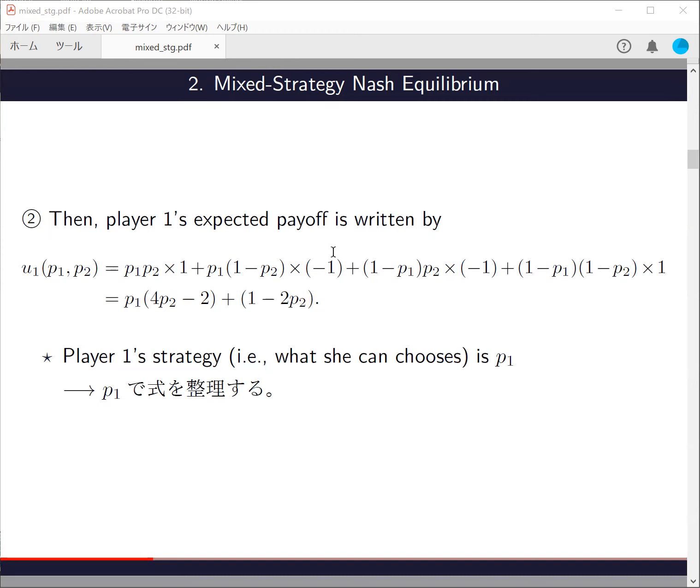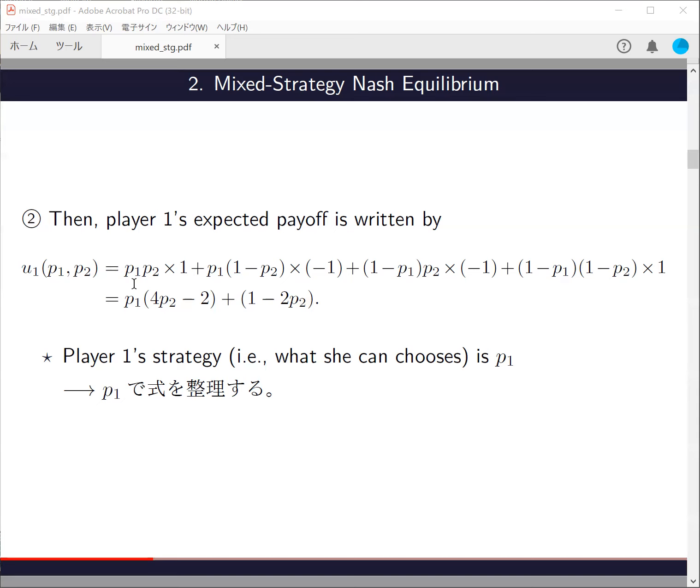We now simplify the expression of the expected payoff in terms of P1, since player 1 is going to choose P1 to maximize his expected payoff. Now, doing a bit of algebra gives you the expected payoff of player 1 as a linear function of P1.